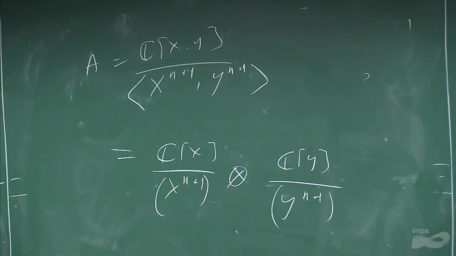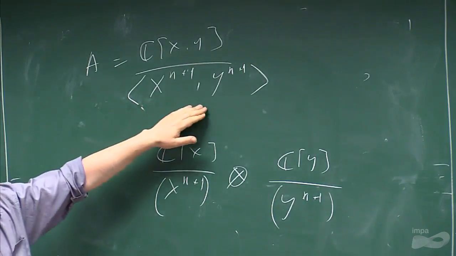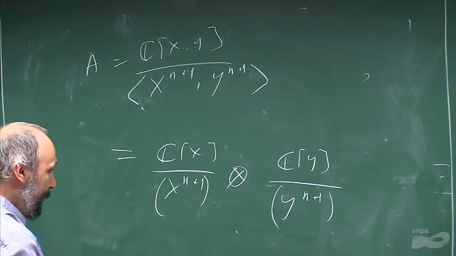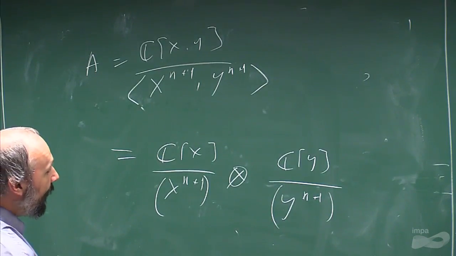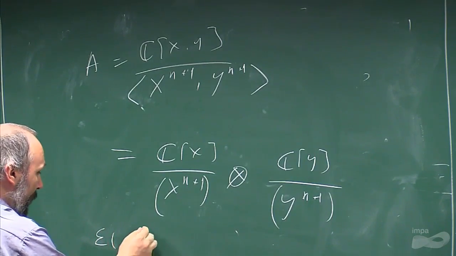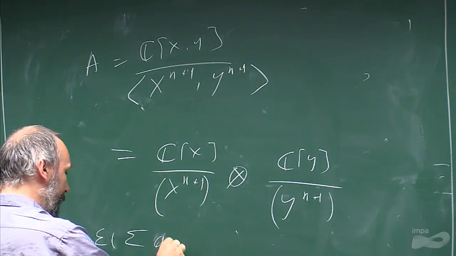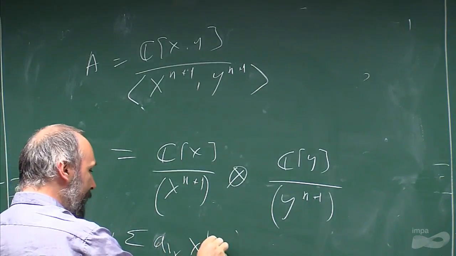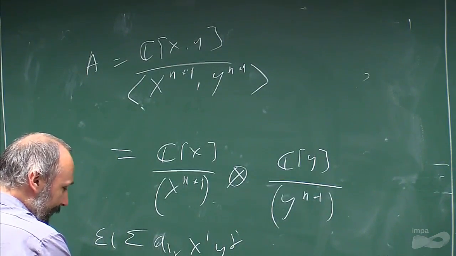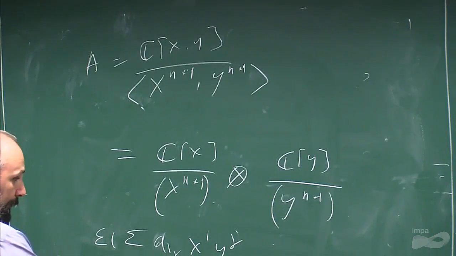This is the finite dimensional algebra. Most of the elements are nilpotent. x is nilpotent, y is nilpotent, and the products are nilpotent. And then you have the following form: epsilon of a sum of a_ij x^i y^j, where i and j are less than or equal to n, or bigger or equal to n_0.